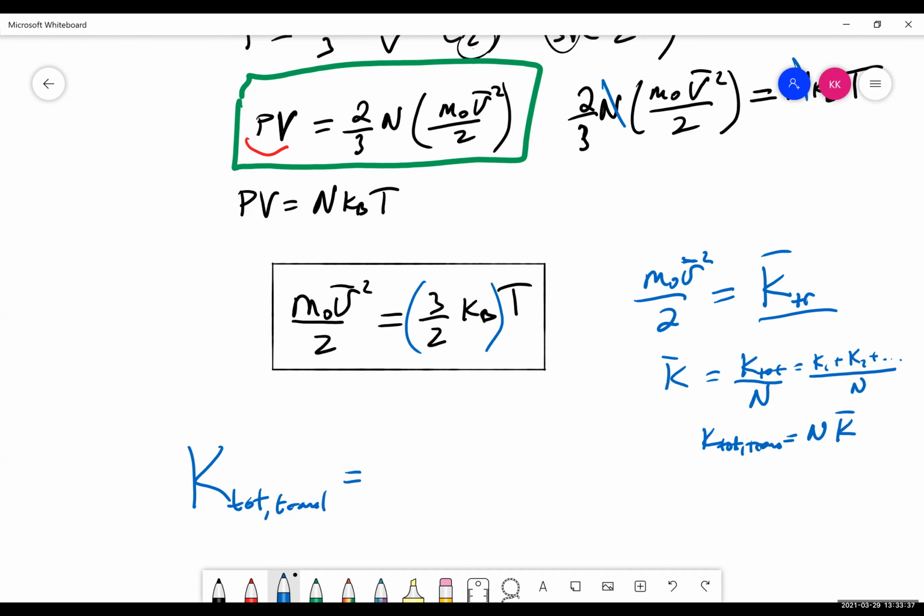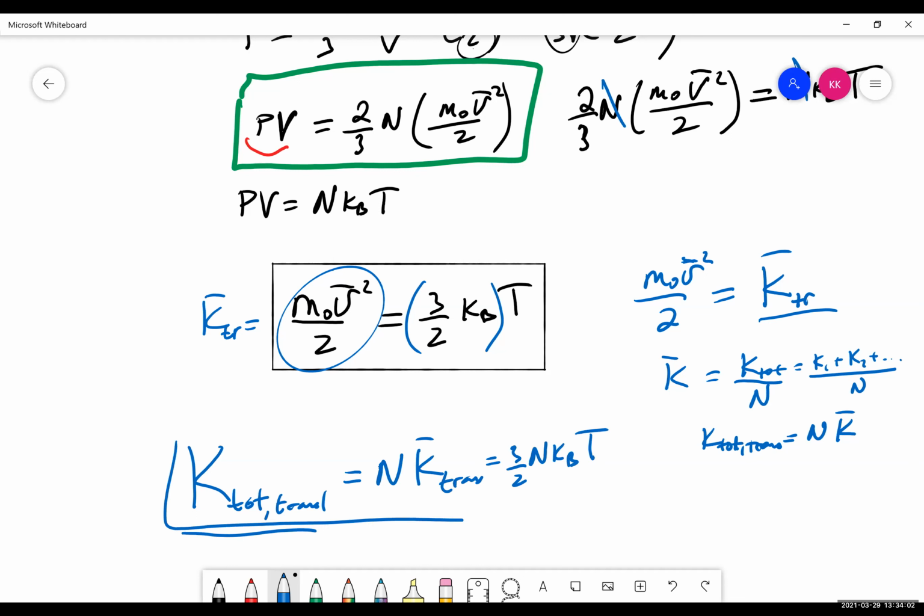So n times the average translational kinetic energy is the total translational kinetic energy, which is 3/2 n k_B T.